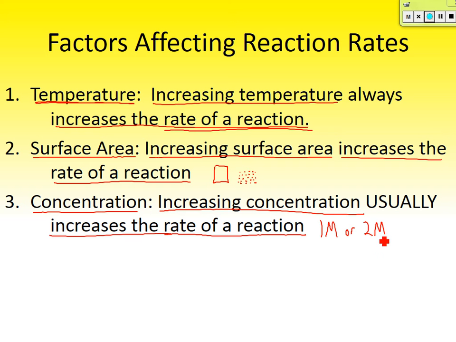Well, because there's more molecules, there's more solutes, there's more particles that are able to react. When you have more substances in the reaction, if it's at a higher concentration, usually that will increase the rate of the reaction. And so the 2 molar will usually react faster.